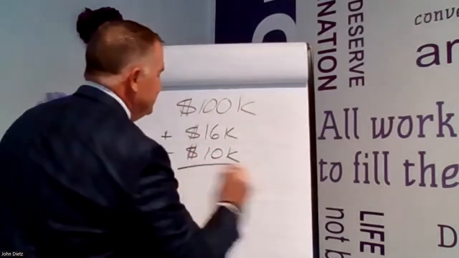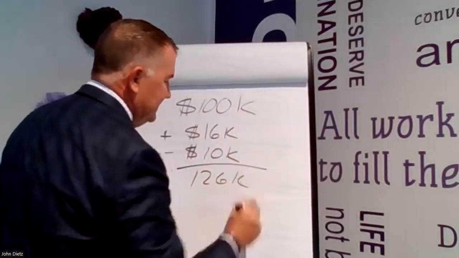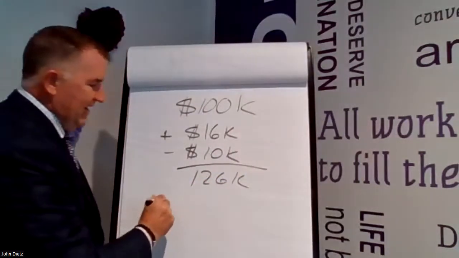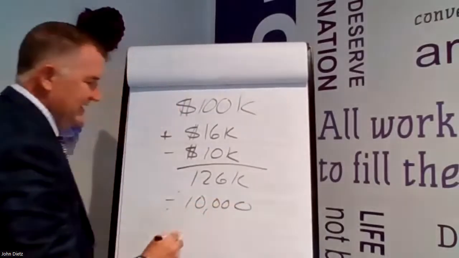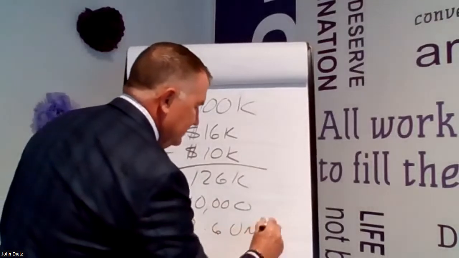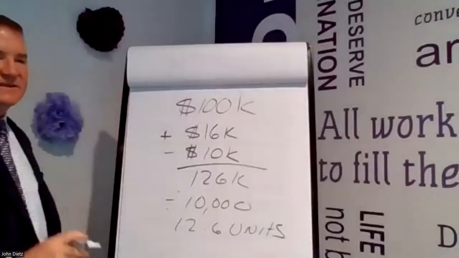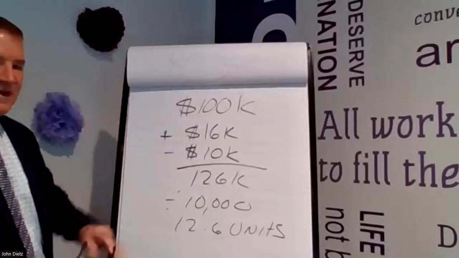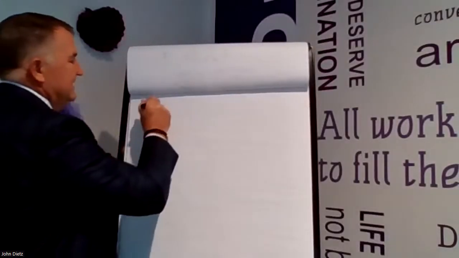All right. So in order to net $100,000, I'm going to gross $126,000. Now, if my average commission is $10,000, then that means I need to close 12.6 units. And if 50% of my business is listing side and 50% of my business is buyer side, that means I need to close, we're going to make the seller side 7.